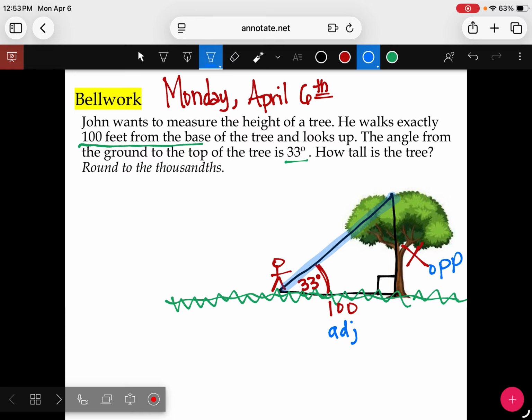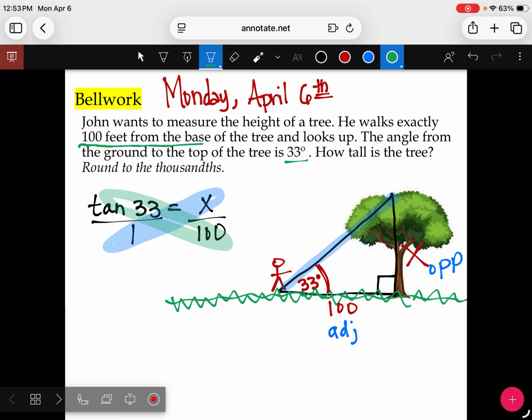We don't know that. So we're going to do a tangent. So we're going to set it up. Tangent of 33 degrees equals, it has to be opposite over adjacent. Let's cross multiply it. And that will give you x equals 100 times the tangent of 33.